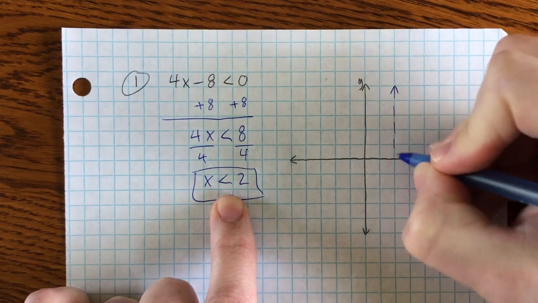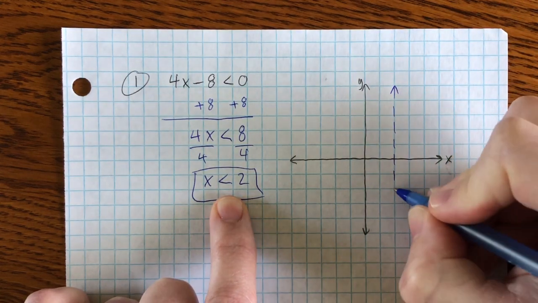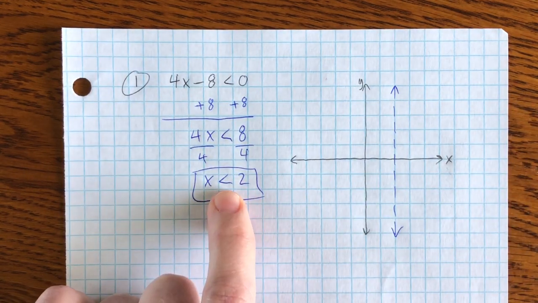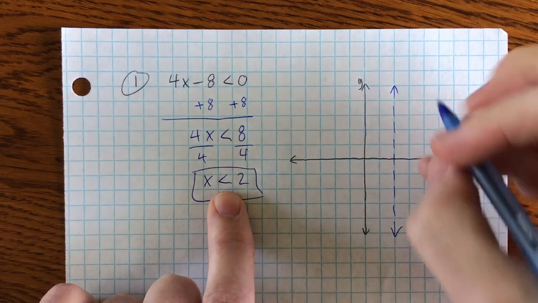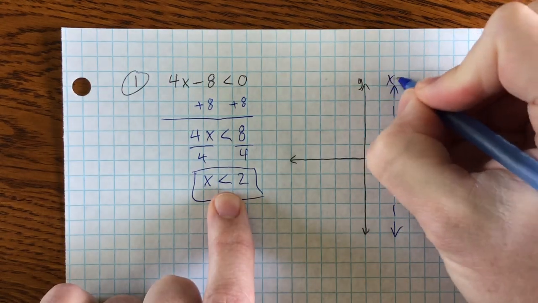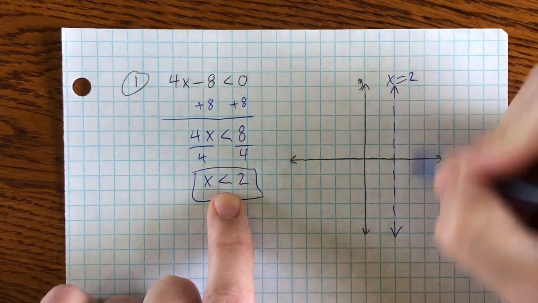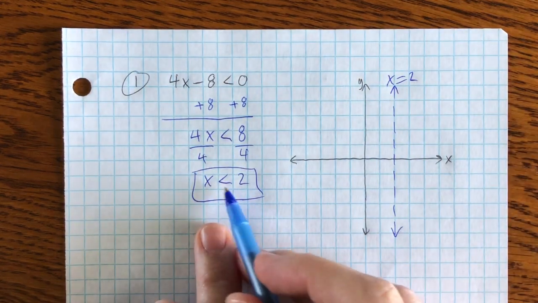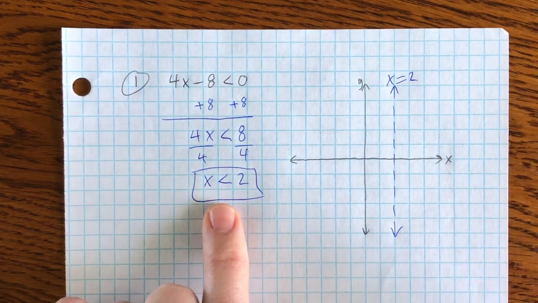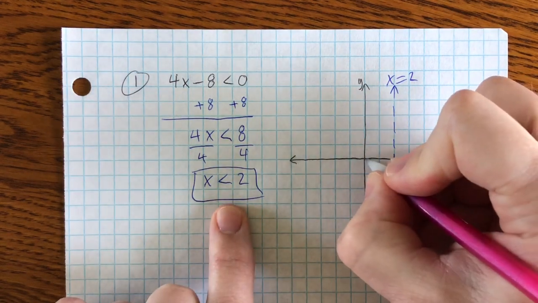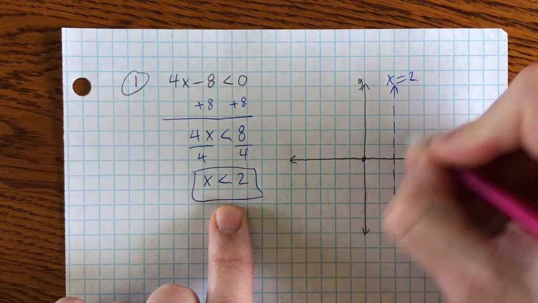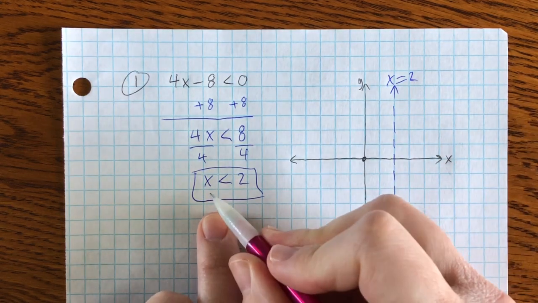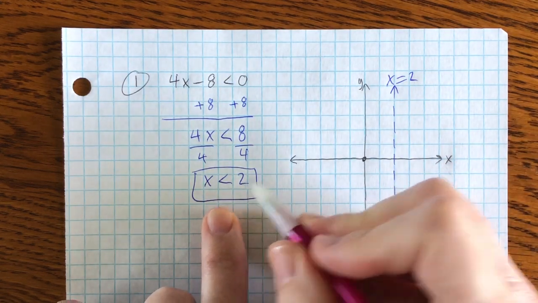I'm making this line with a series of dashes because of the inequality symbol. It's less than. I'm going to define this line as x equals 2, because it's really representative of x equals 2. The next thing I'm going to do is look at the inequality symbol. It's less than. If you picked 0, 0 as your test point, a point not on the line, do you see that 0 is in fact less than 2?